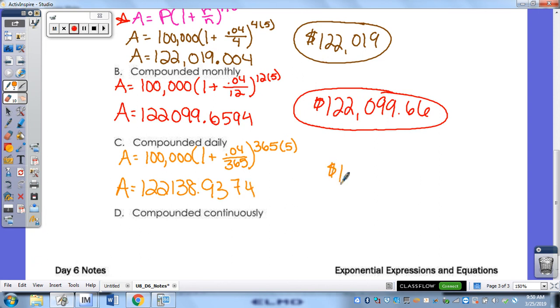That one is $122,138.94. That's like $120 more than our first one.